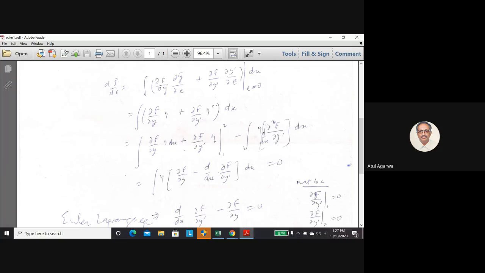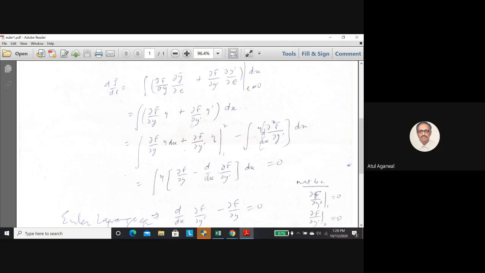Now for this derivative of eta, you shift the derivative from eta by doing integration by parts. So what do you get? Del f by del y prime times eta, between the limits 1 to 2, minus, now you have to shift the derivative to this term, eta times d by dx of del f by del y prime.